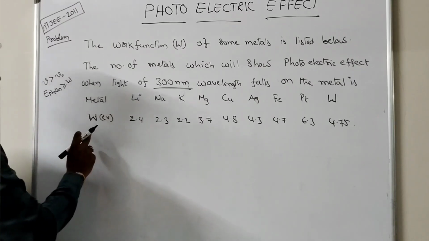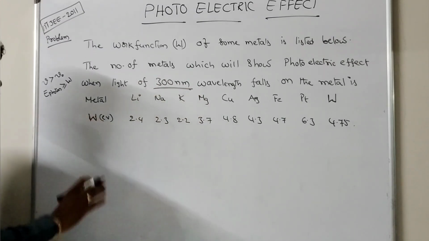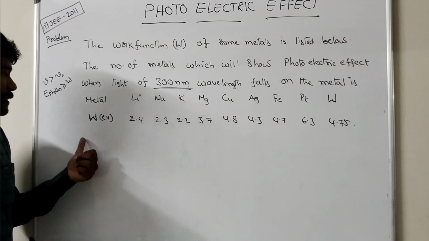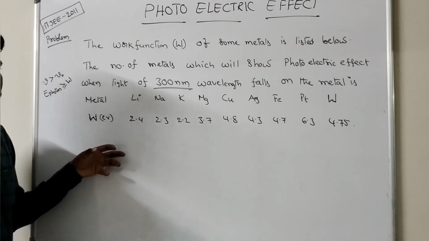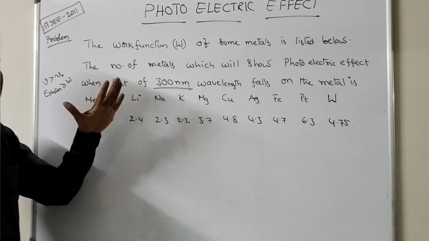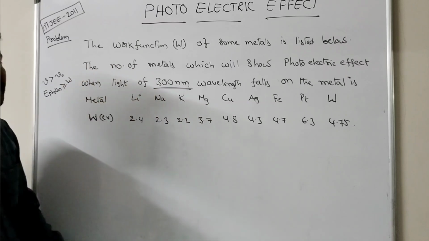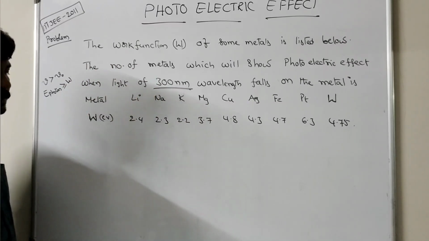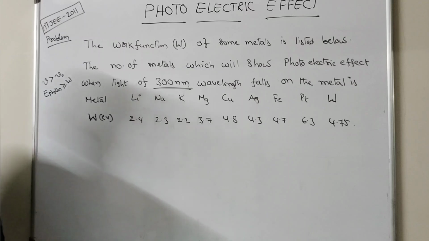Here wavelength is in nanometers and work function is in electron volts, which is energy. The work function is the minimum energy required to break the electrostatic attraction between the nucleus and the outermost electron on the surface of the metal. That is the threshold energy, or work function, W.